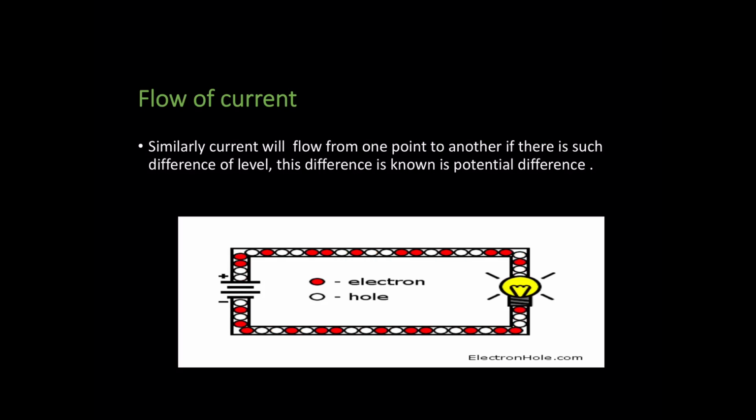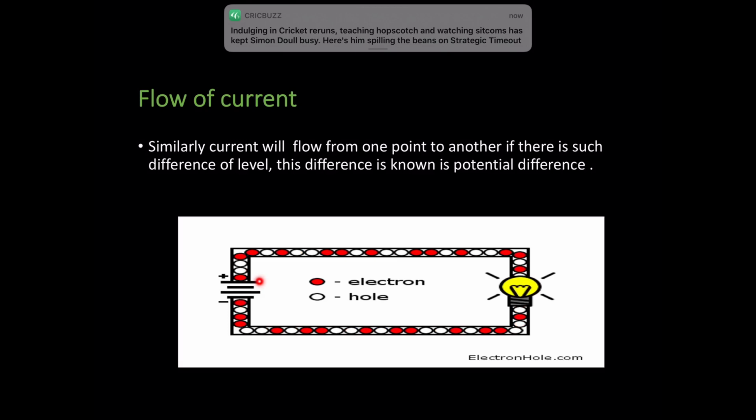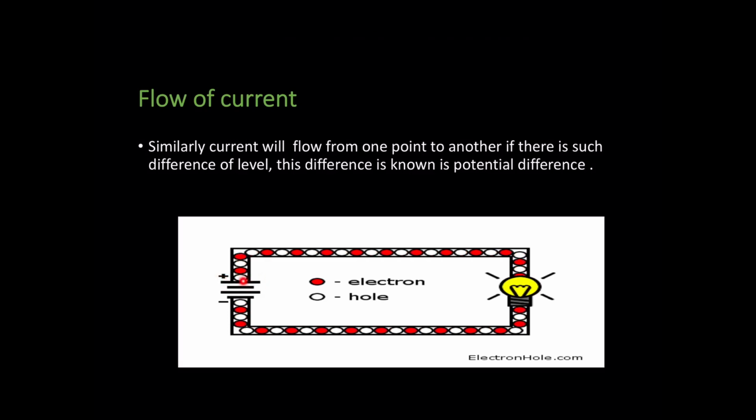Now, we can see in this diagram, we have a battery connected to an electric bulb in this circuit. We can see the positive terminal of the battery is connected to one end of the bulb and the negative to the other end. So this positive terminal of the battery is at higher potential and the negative terminal is at lower potential.